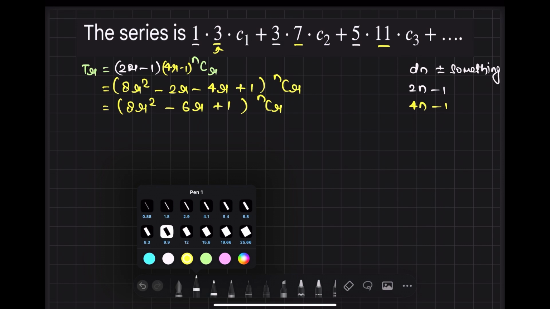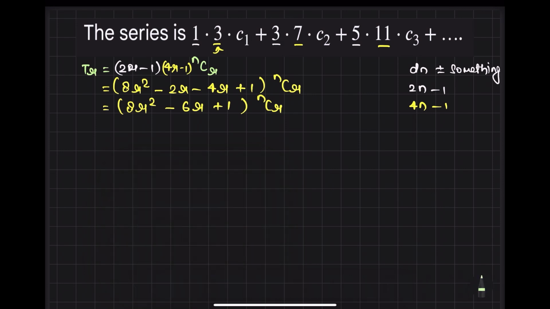So how will we apply that? Look here, we will apply the summation property. r starts from 1 to n, so summation of 8r square minus 6r plus 1 nCr. How will we proceed? You know that if you are dealing with summation, you can segregate it when it is in addition or subtraction.